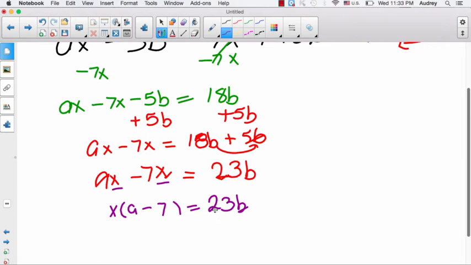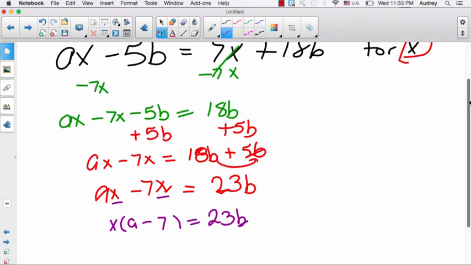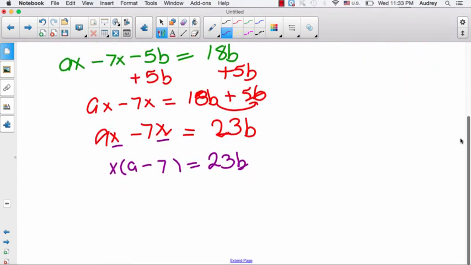Now, here we go, last step. Do you see it? What are we solving for again? X, okay. Is the X by himself? No. What is the final step? To move all of this over here, leaving the X by himself. Well, let's read this correctly. It says X times A minus 7. Did you hear it? It said times. So guess what we're going to do? We are going to divide. That's the inverse, right?